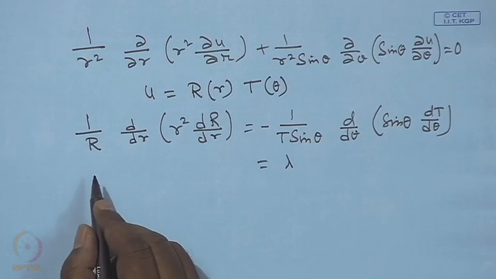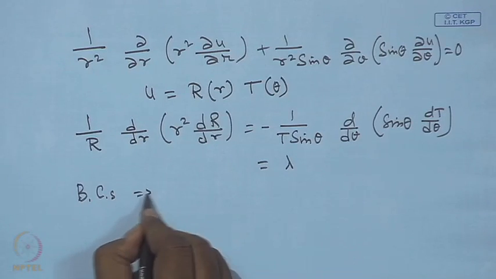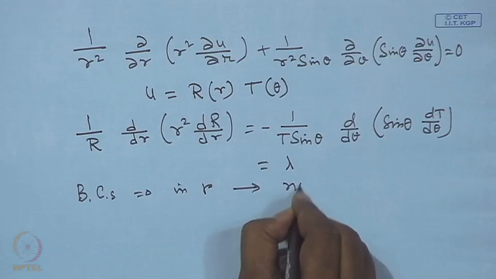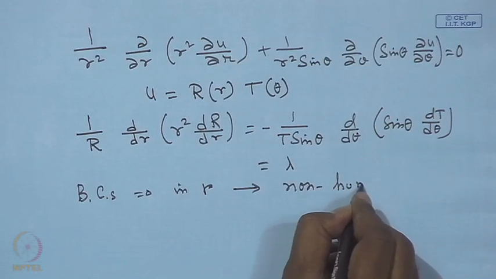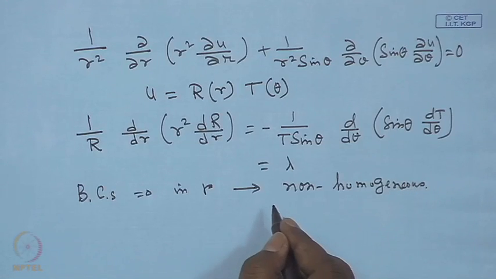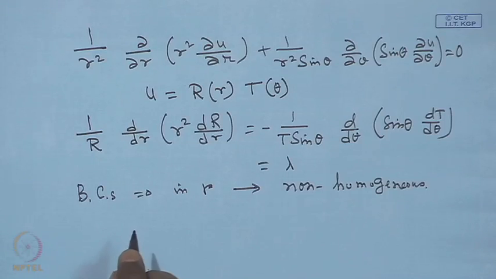Now, if you see the boundary conditions in r, they are non-homogeneous. So, we cannot formulate an eigenvalue problem in the r direction. That has to be made very clear.